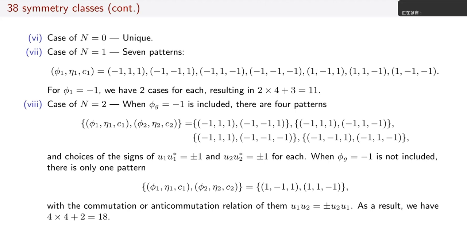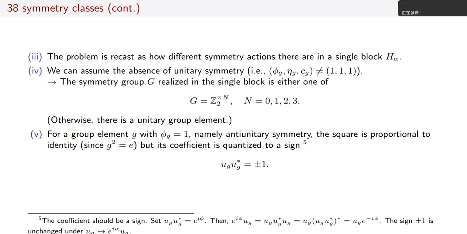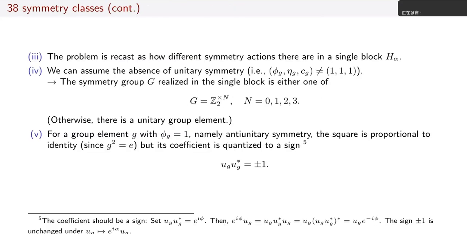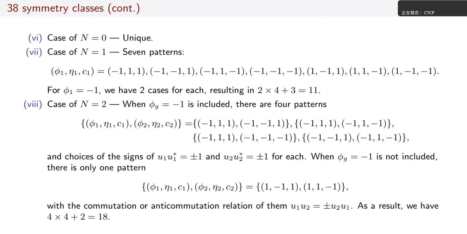This is a pattern of phi, eta, and c. This is a complex conjugation, and this is dagger, and c is a negative sign in the right hand side of the symmetry constraint. I have 7 patterns here, corresponding to each of these.